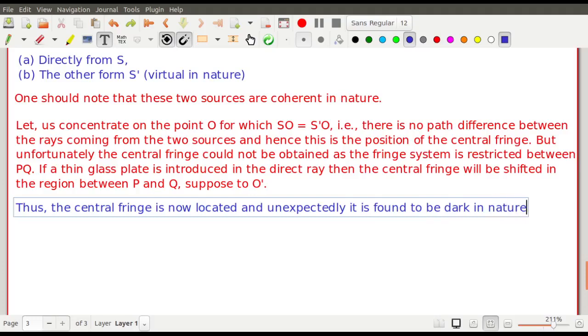And it was found to be dark, dark in nature. No need to write more, dark in nature. Central fringe but dark, right? Central fringe but dark. So what can be the probable reason?